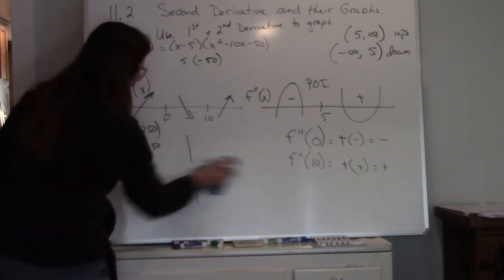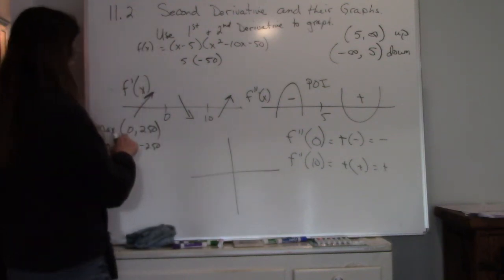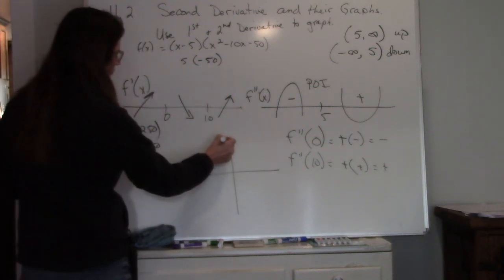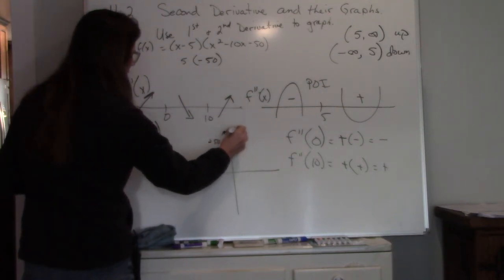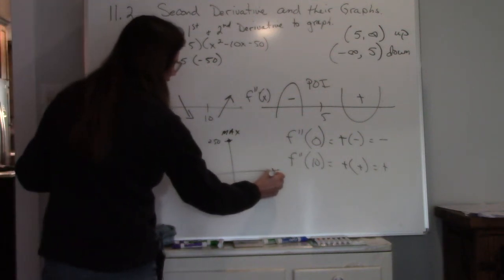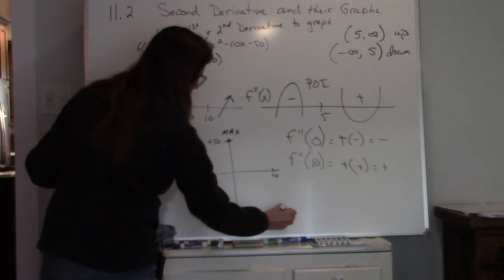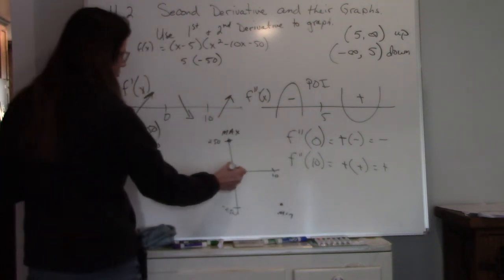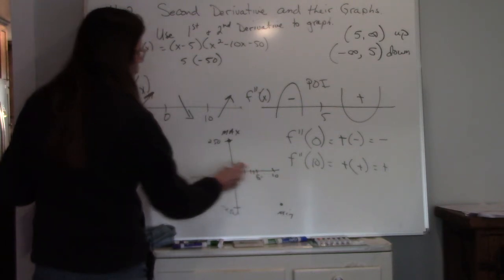Okay, so my graph is going to be where my maximum is at 0, 250. So again, I'm just making it fit my graph. My minimum is at 10, negative 250. So it's somewhere here. So that's my minimum. And my point of inflection is at 5. 5 something.